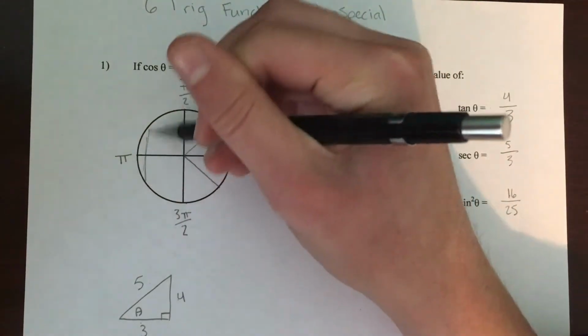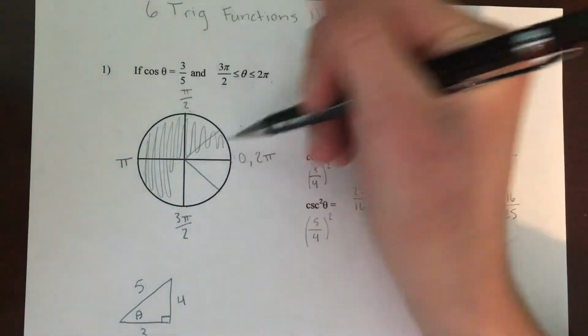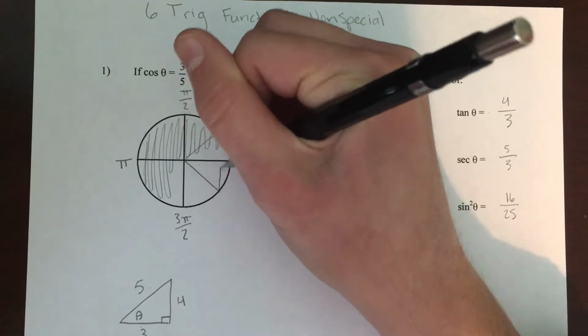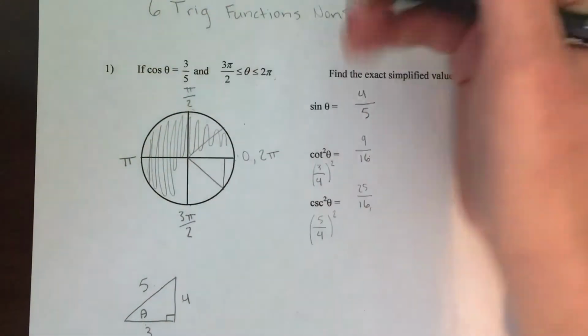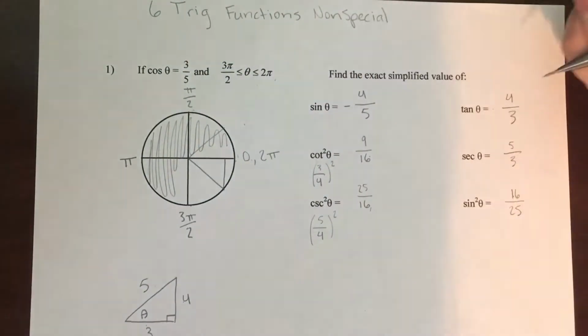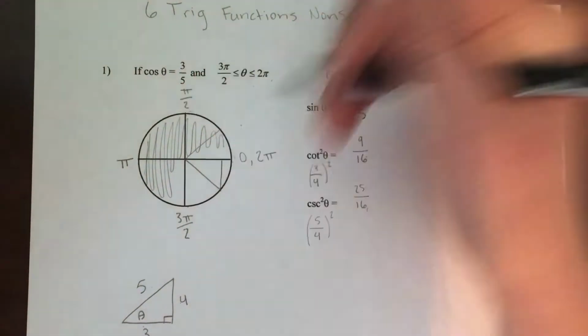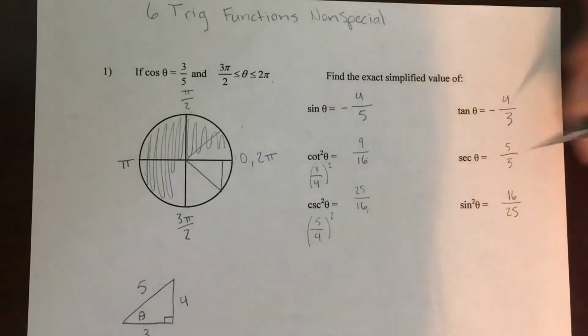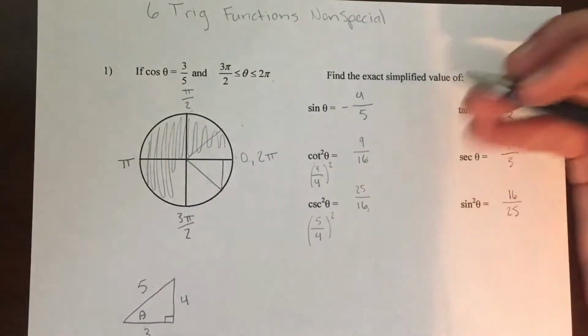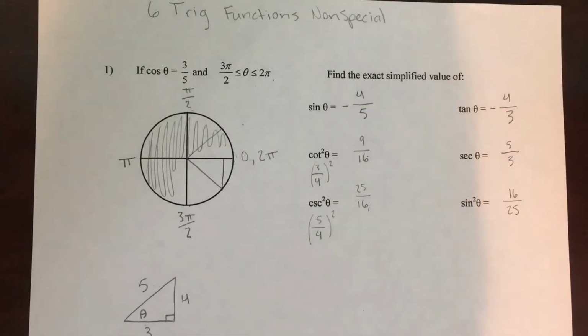So we can cross off the rest of this, and we know that our point is on this triangle. So now sine in this quadrant is negative, tangent in quadrant 4 is negative, and secant, which is the opposite of cosine, we know is positive. All of the squareds, since they're squared, they're always going to be positive.